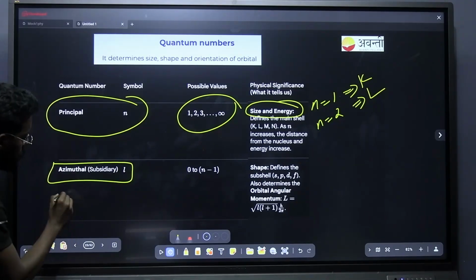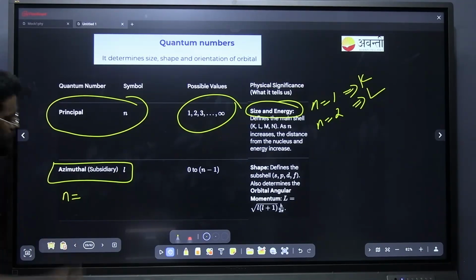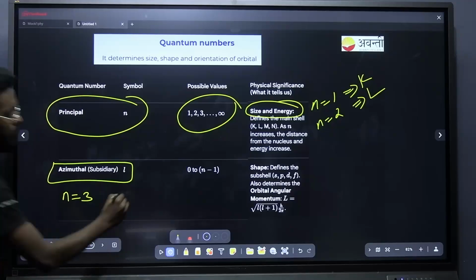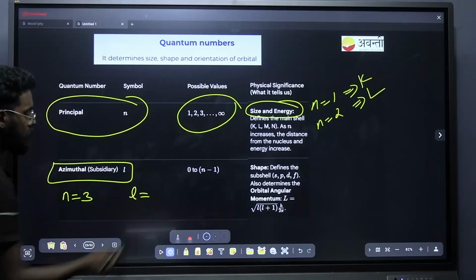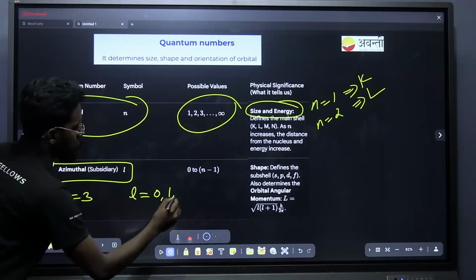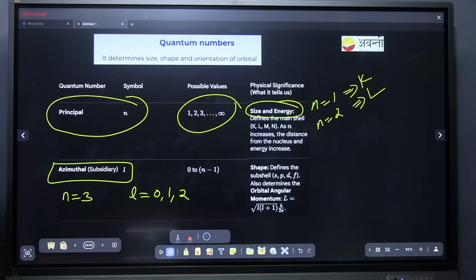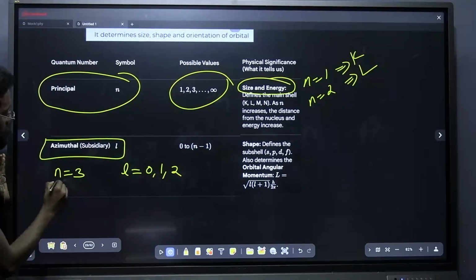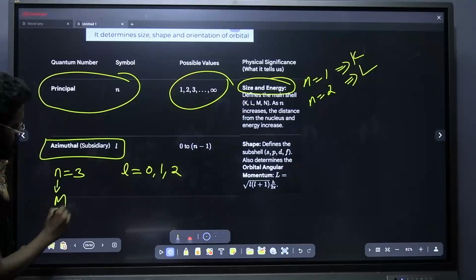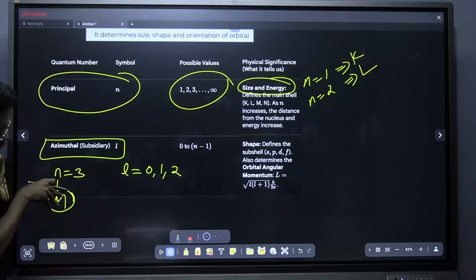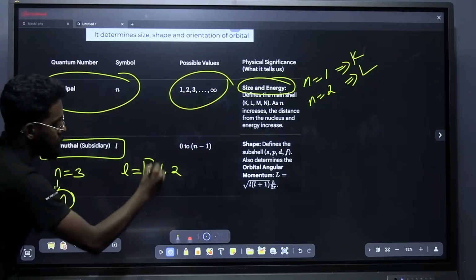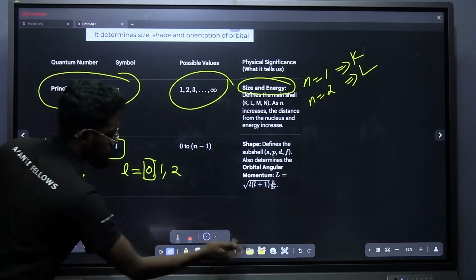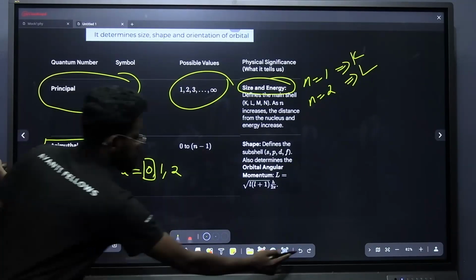That is, if the principal quantum number n is equal to 3, the azimuthal quantum number values will be 0, 1, 2. This represents which shell? M shell. M is my country, and this M country has 3 states.